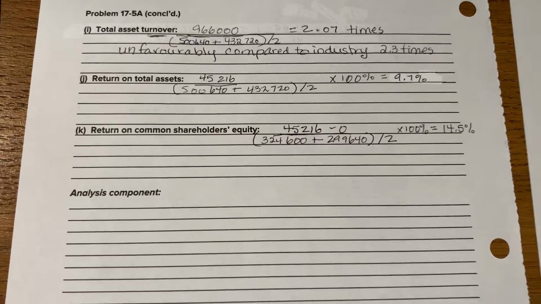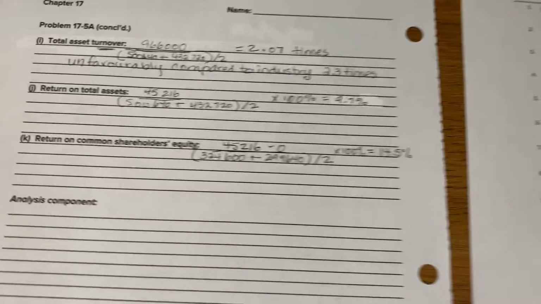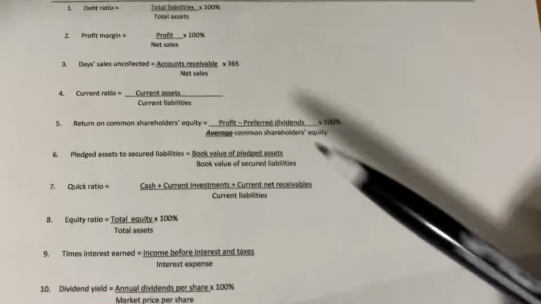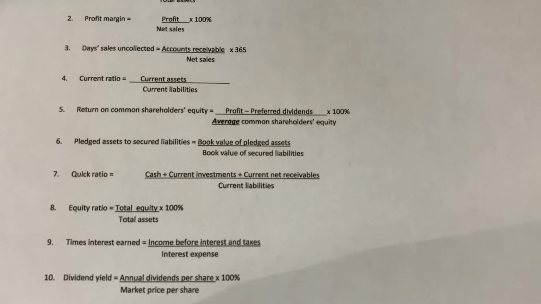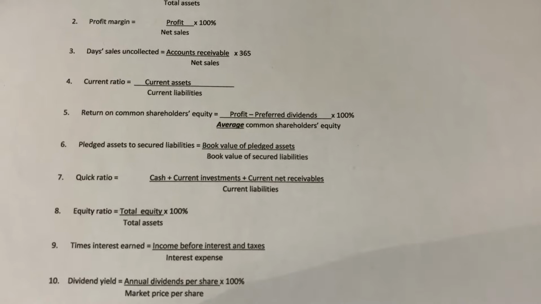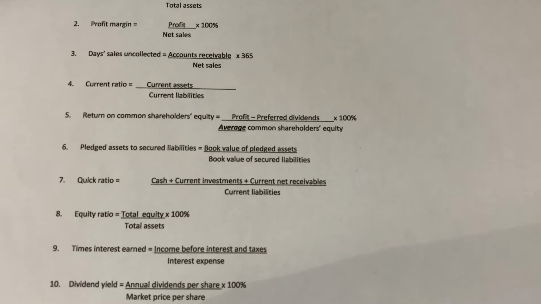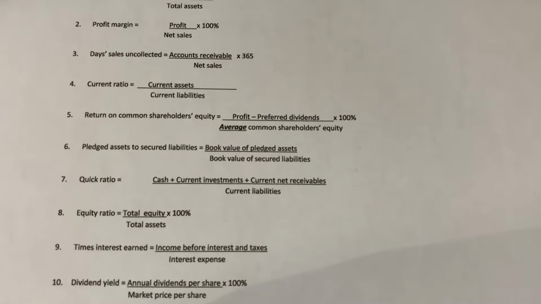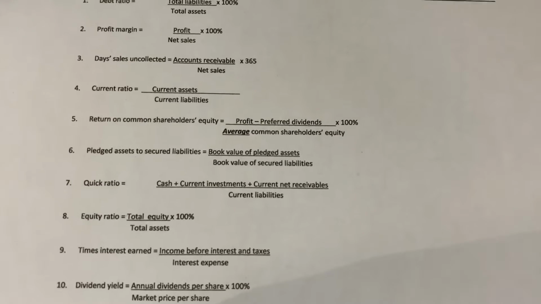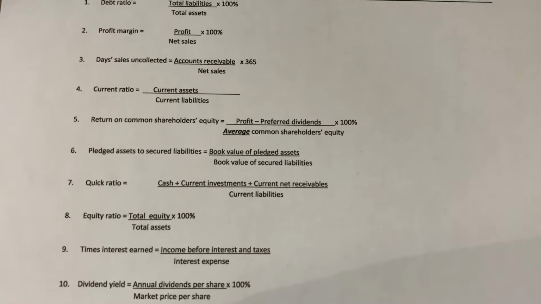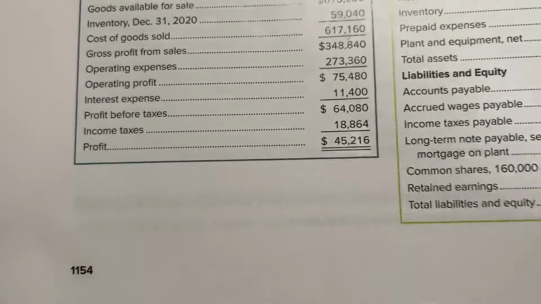This calculation, return on common shareholders' equity, is number 5 on our formula sheet. It's profit, subtract preferred dividends, because remember this is just for the common shareholders, divided by your average common shareholders equity. Again, you'll need 2 years worth, divided by 2. If we look at this question, our profit is 45,216.